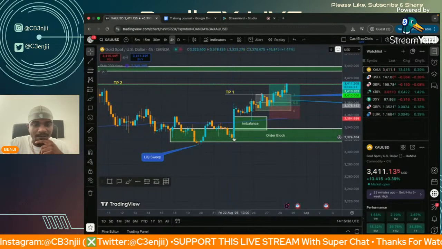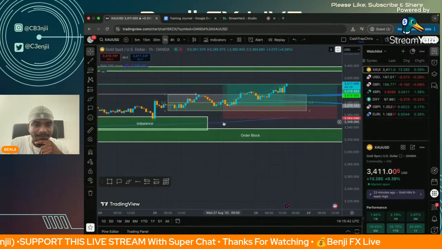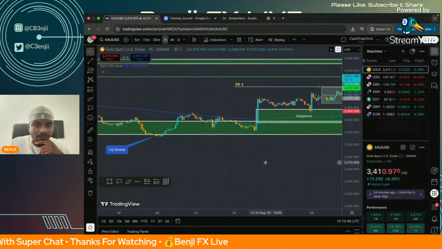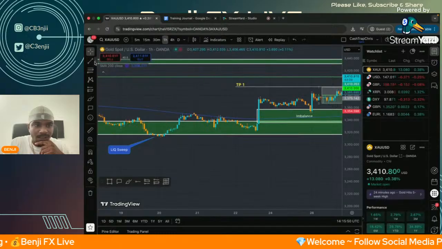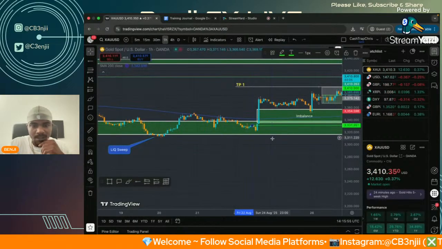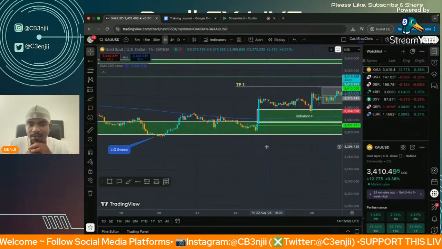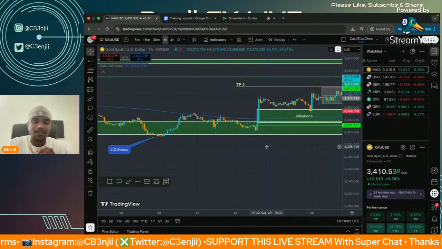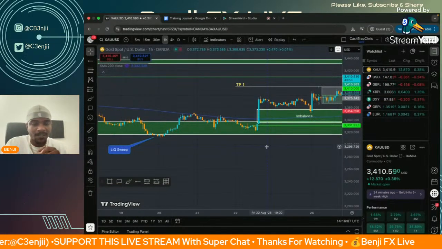Of course, we dropped down again to the 1 hour. We had this candle take out this high. So in that case, all right, boom, still going up. That's a continuation out of that zone to the upside.